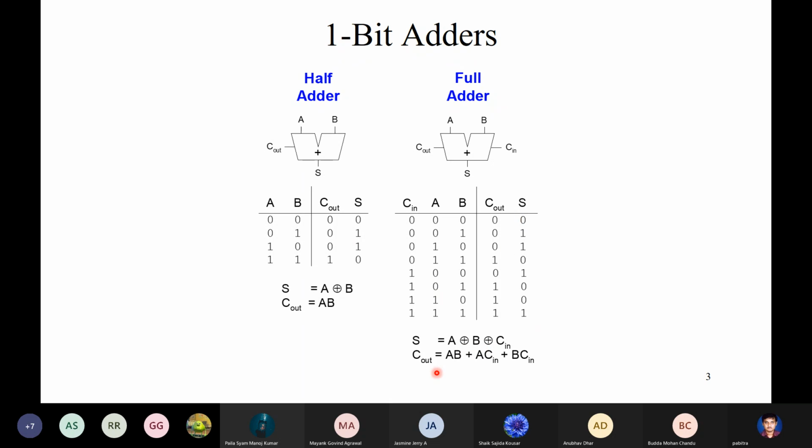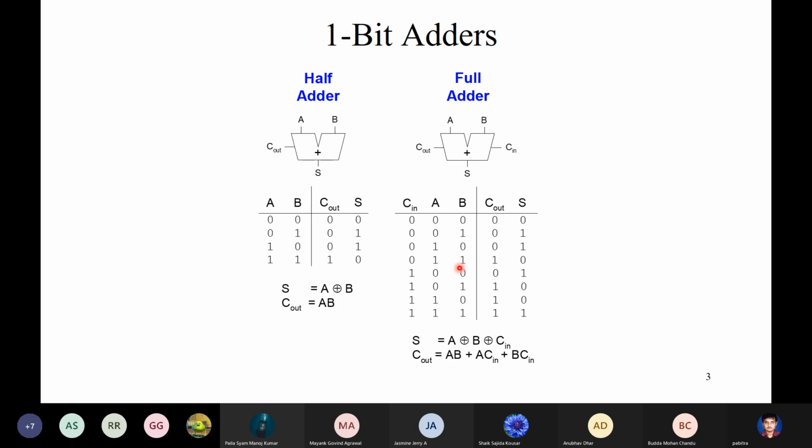As for the carry out, we'll deal with this in more detail. Carry out has two terms. AB is one term, and A plus B, dot carry in, is another term. So notice that if we look at the carry out, there are two OR cases where the carry out is 1. One is when both A and B are 1.